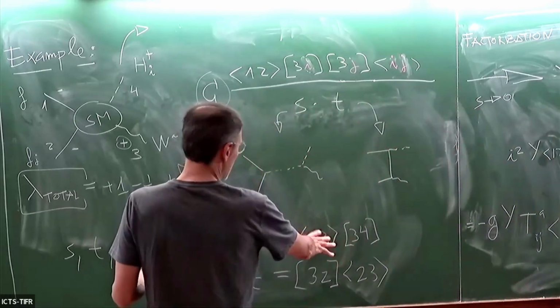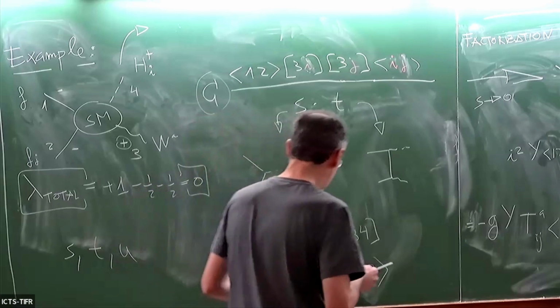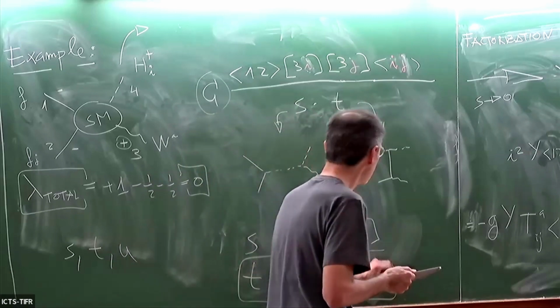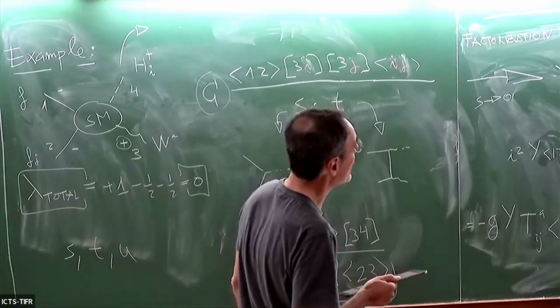Now probably I skip it, otherwise it would be too much detail, but so I have S. I just needed to have T to get a T down there.